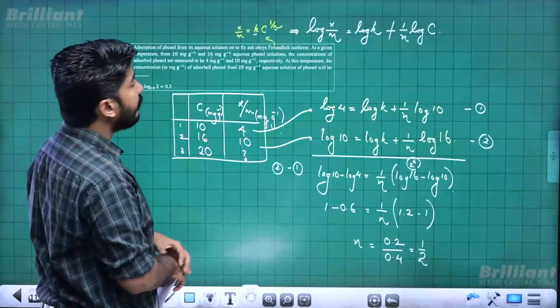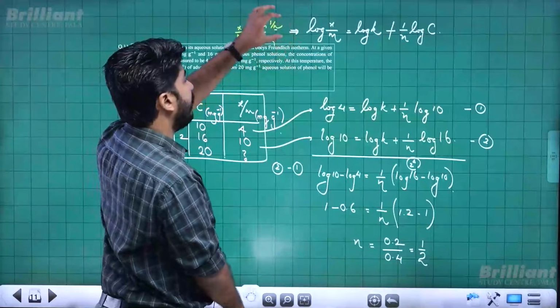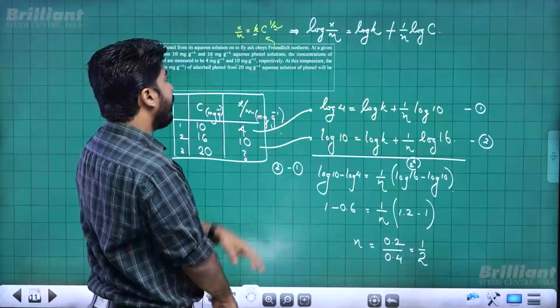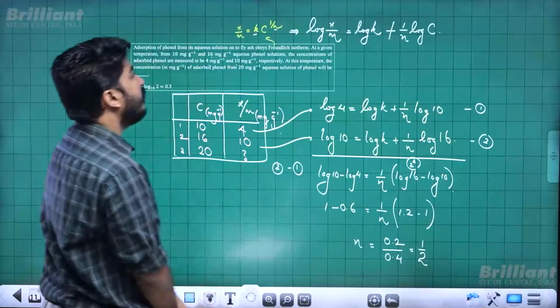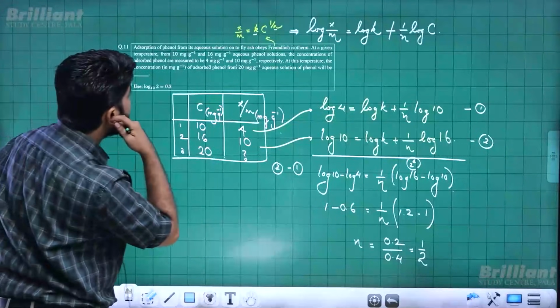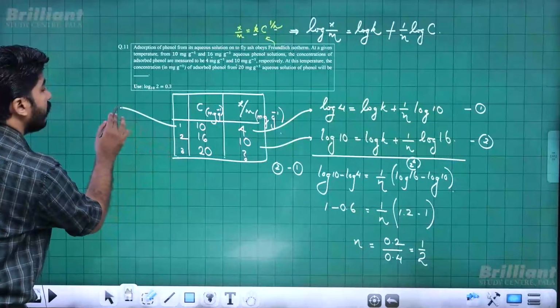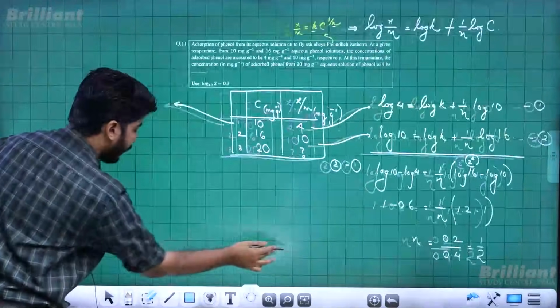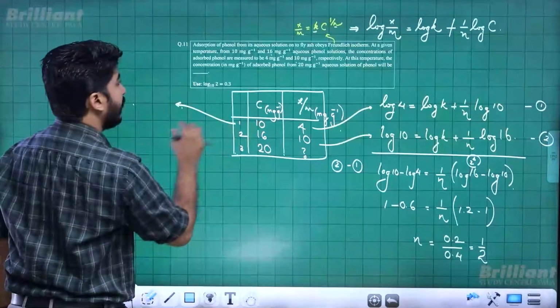In a different method, we go back to the original, non-logarithmic form of the Freundlich isotherm, and use this N value to set up new equations. Without finding the value of K and going to the anti-logarithmic cases, let's set up the equation in this form for the entries.